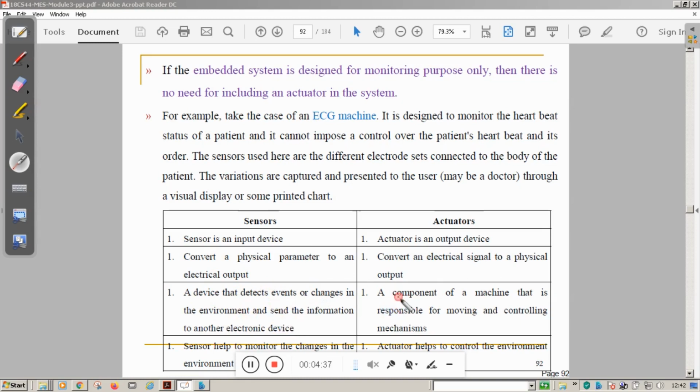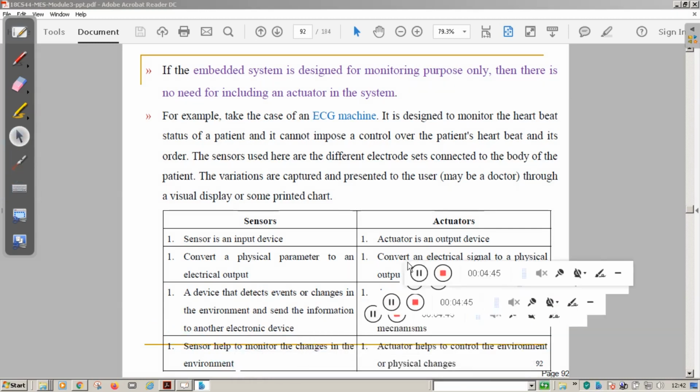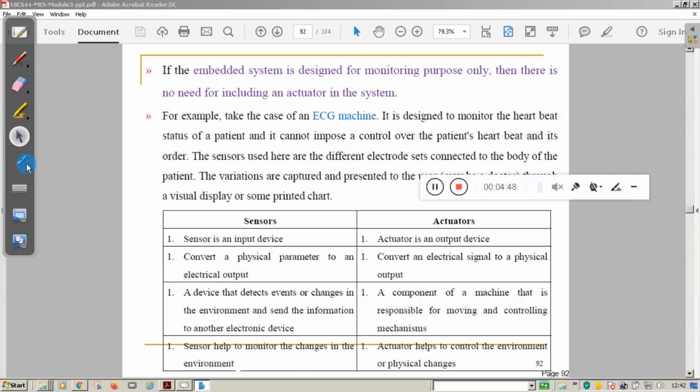An actuator is a component of a machine that is responsible for moving and controlling a mechanism. So sensors help to monitor the changes in the environment, and sensors are adopted in various applications, while the actuator helps to control the environment or physical changes.